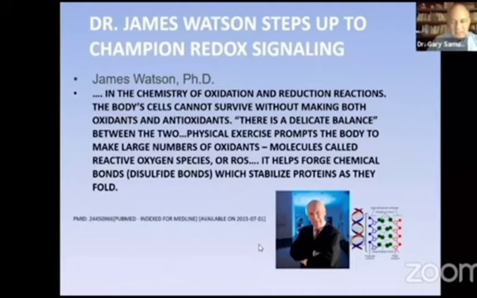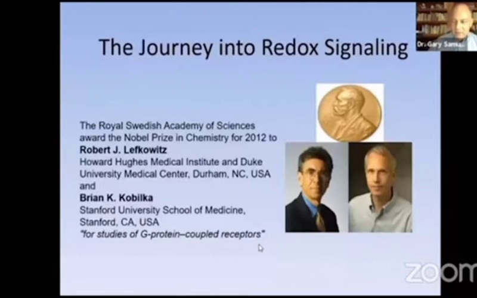And he is spending the rest of his life seeing what these reactive oxygen species or redox signaling molecules do inside the body, and seeing how we can produce them inside the body. So this is not a behind the scenes type of science. This is actually in front sort of thing.